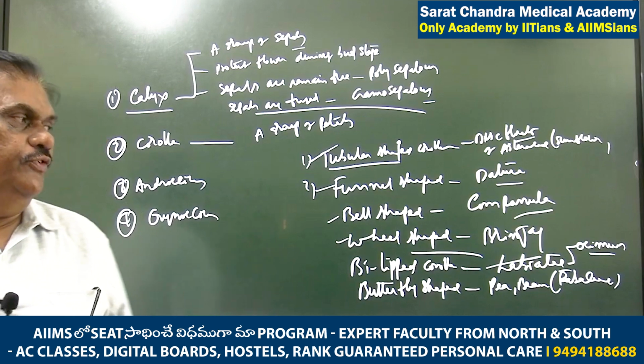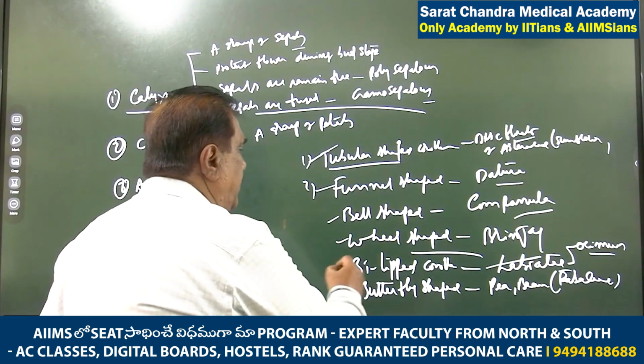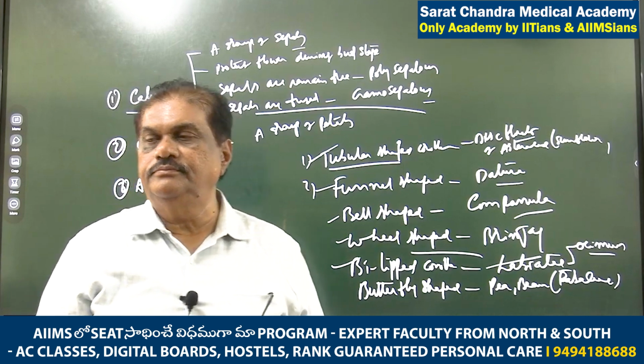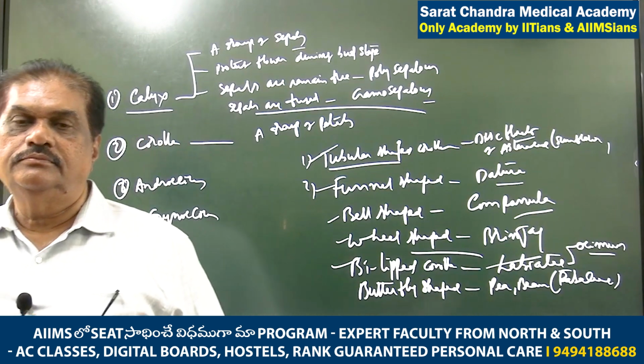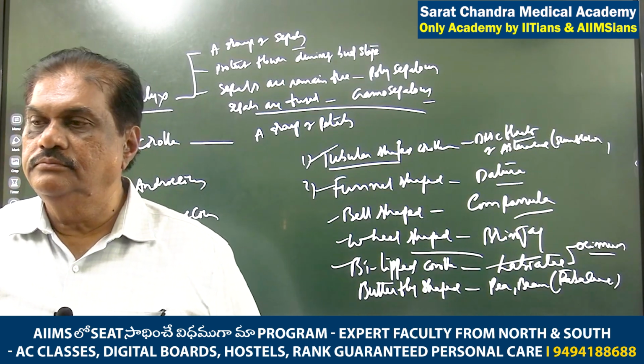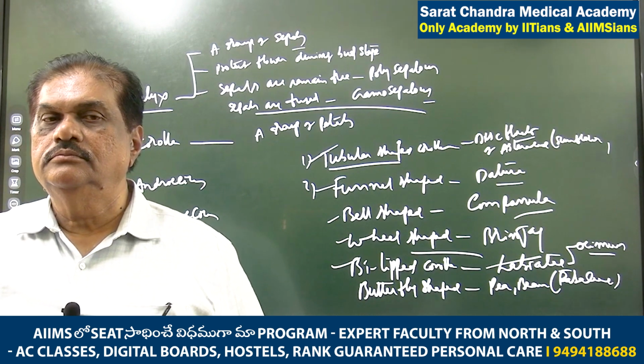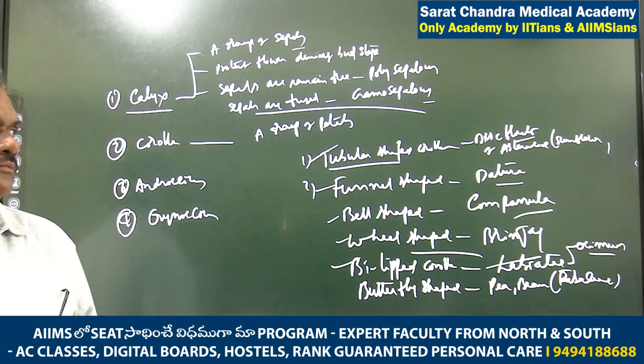In the AP State book, bi-lipped corolla is also given, which can be seen in Labiatae plants. So that is regarding corolla.